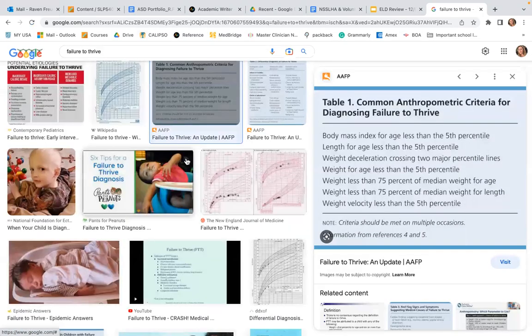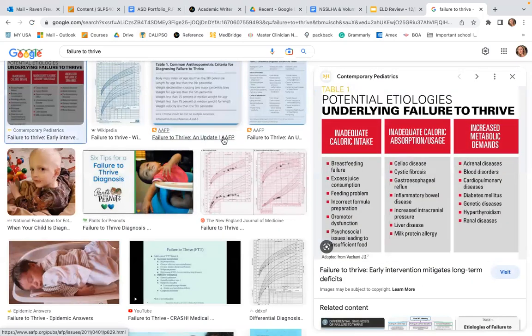Here's a good chart. Okay, so potential etiology. Here are some reasons and causes why an infant would be diagnosed as failure to thrive, or I don't know if we call it a diagnosis exactly.